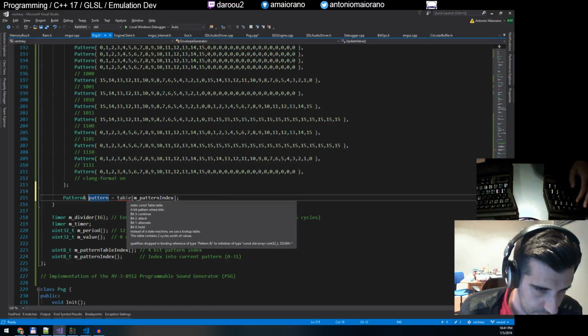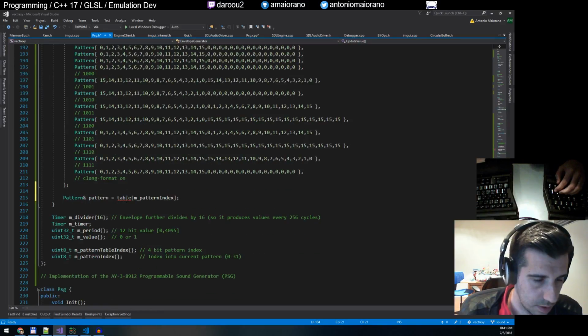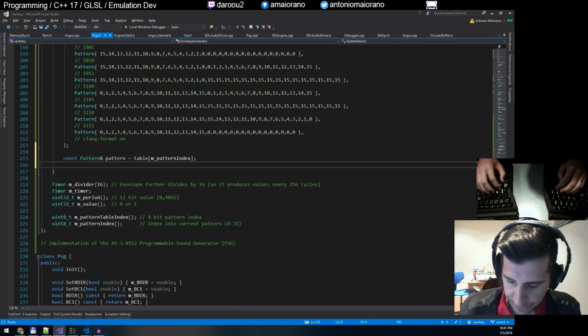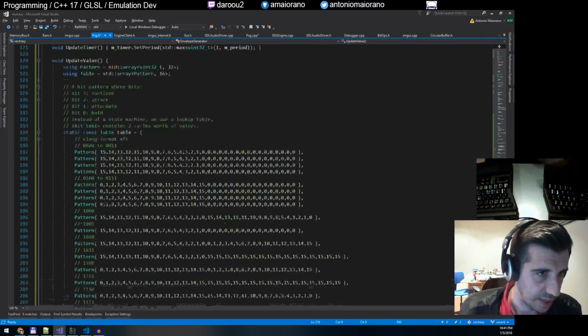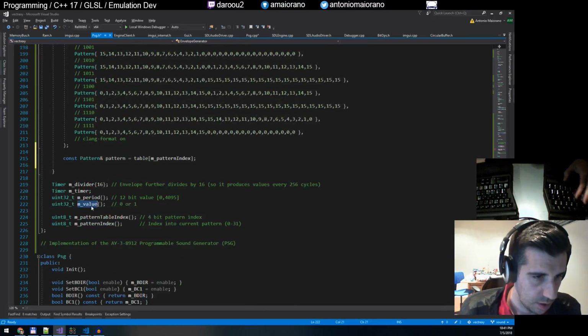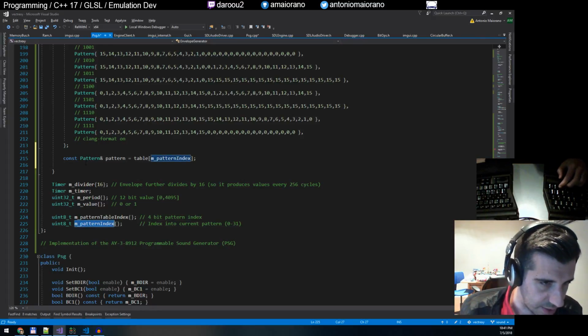What's wrong with this? Oh, right. So we get a pattern, and because we've been clocked, we will get the next value, no, the next pattern index.